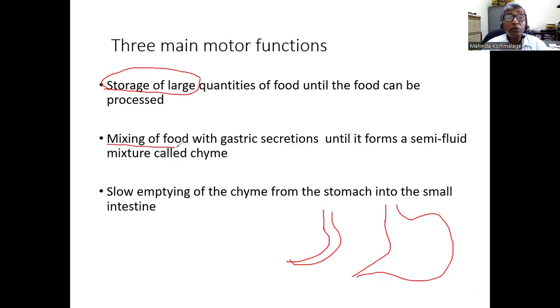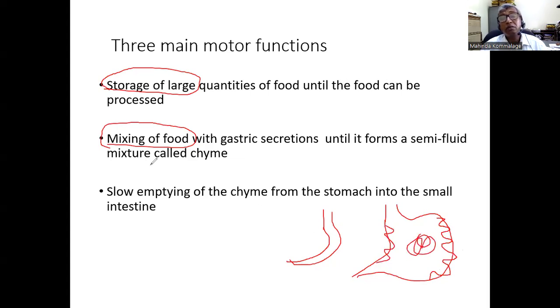Then mixing of food, right? So of course it will act as a storage, and then it helps to mix the food, especially with the gastric secretion, acid, pepsin, hormone, any other enzyme, and of course a lot of mucus. So this mixing is important, and so this wall will make a rhythmic movement. We can call it peristalsis, and that will mix the contents inside, right?